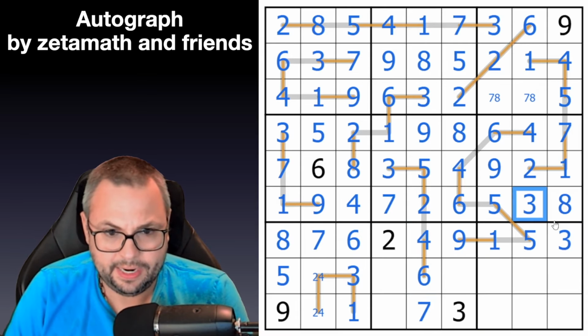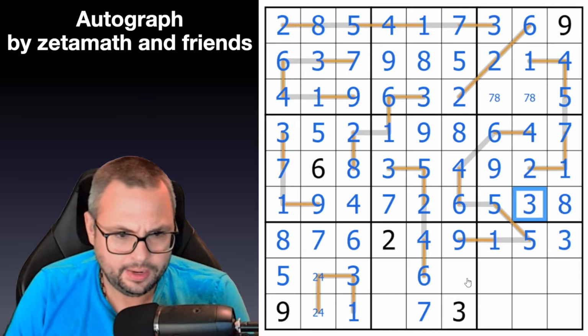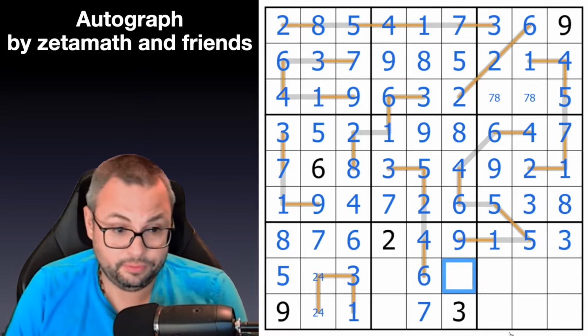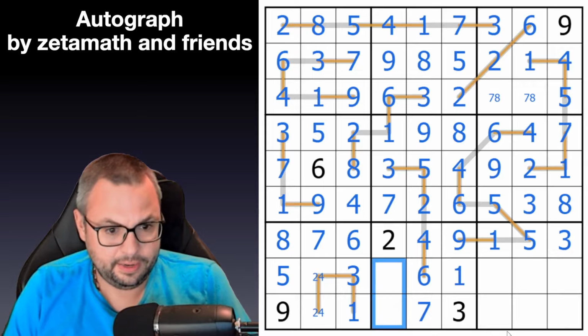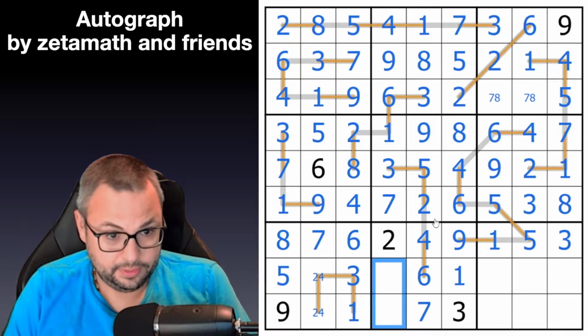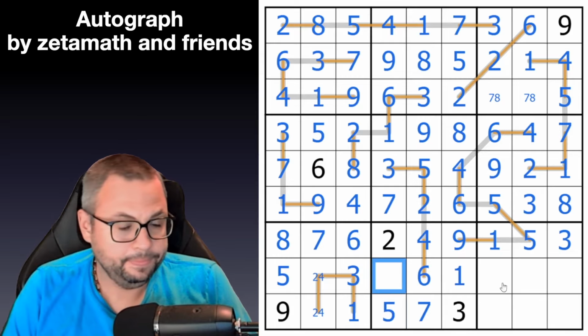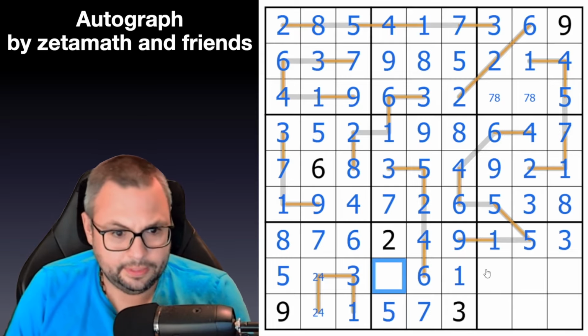It's a 3. Let's see. This in this column is the 1, it looks like. These seem to be not a 4, which is what I somehow expected. One of them's a 5, and it's that one. It's an 8.